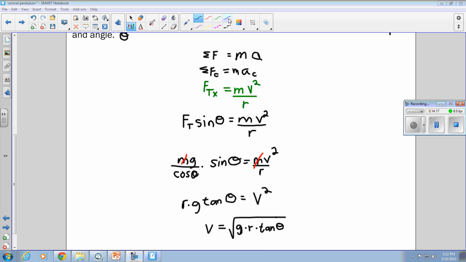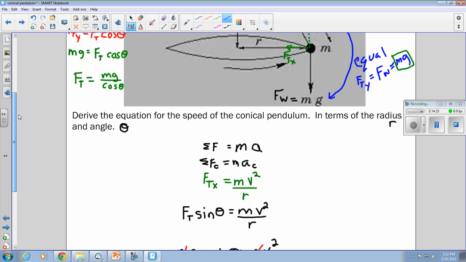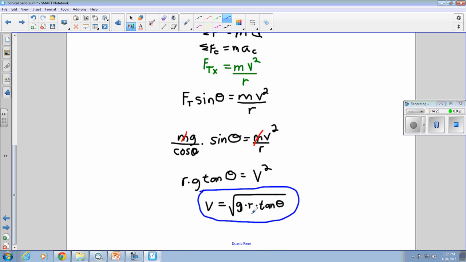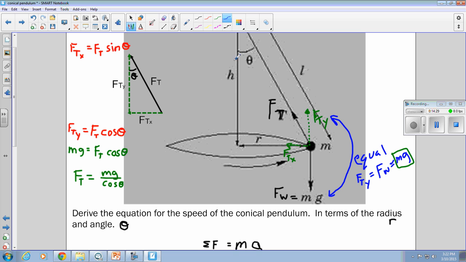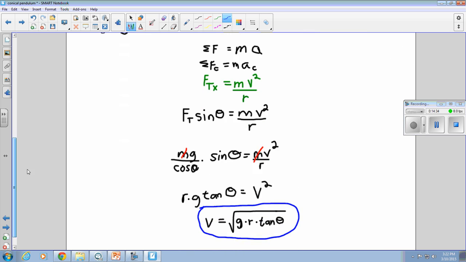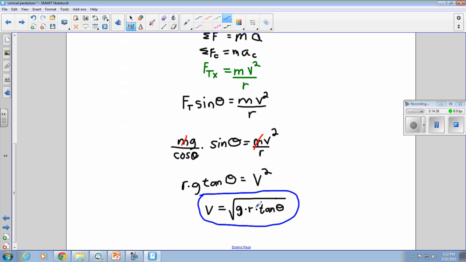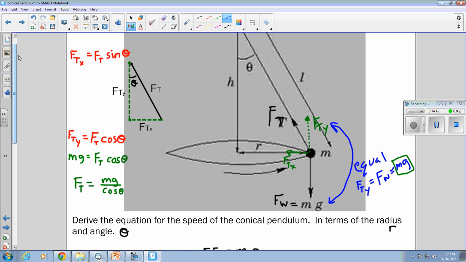This will work to find the velocity of a conical pendulum if you have the radius and the angle that it is spinning around the circle at. And we already know what g is. We know that's 9.81, so that's a constant. We'd only have to measure those two things.